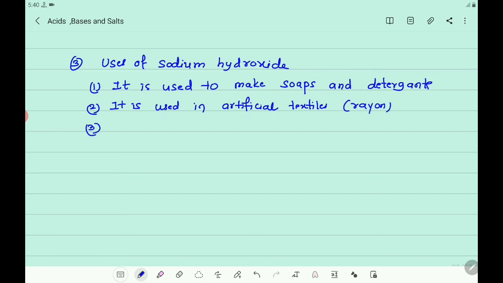Then you take it is used in the manufacture of paper.